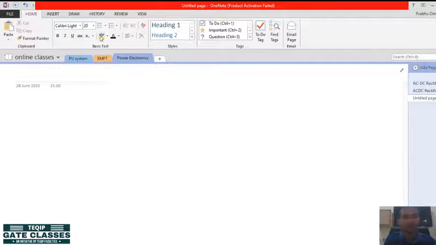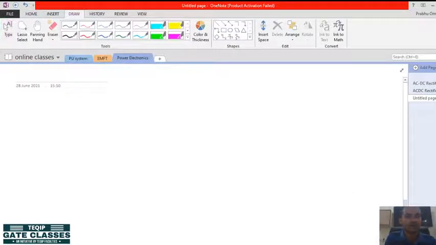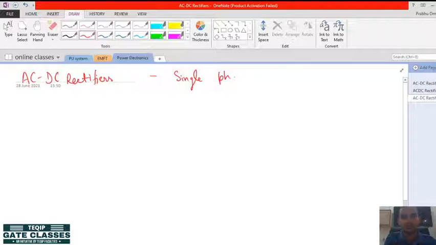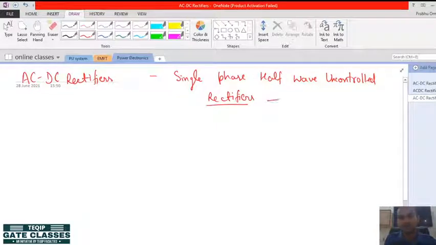So, till now in AC/DC rectifiers, we have covered single phase, half wave, uncontrolled rectifiers. And for single phase, half wave, uncontrolled rectifiers, we have covered with R load, with RL load, with RLE load, and with pure inductive load.